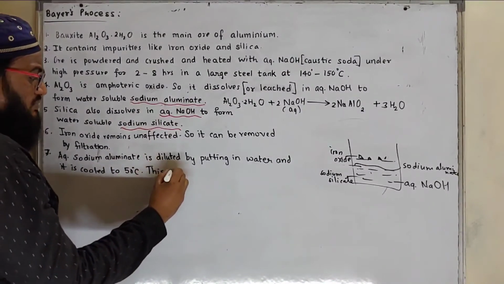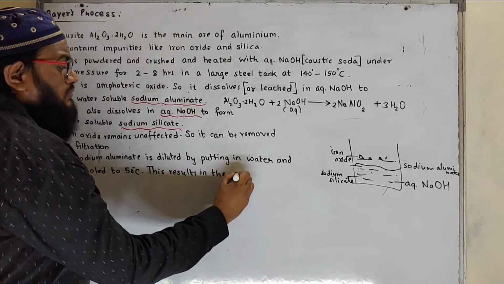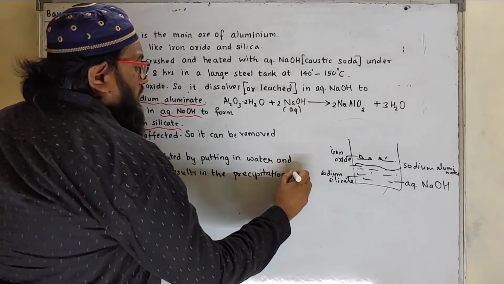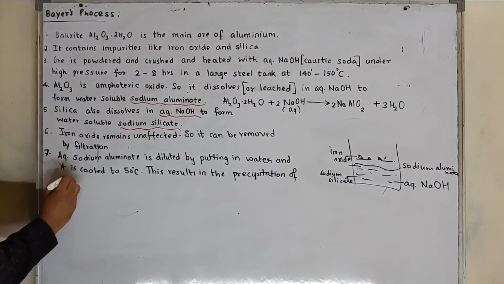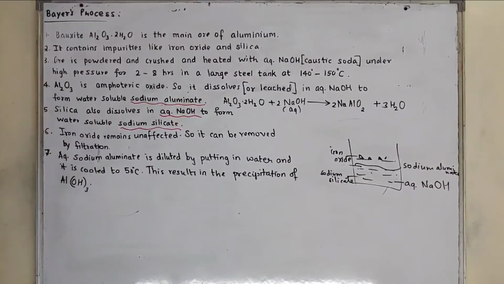This results in the precipitation of aluminum hydroxide. Then you can write down the equation for this.